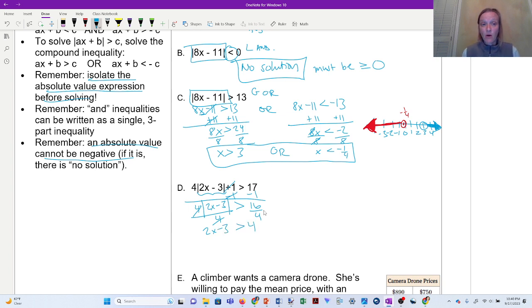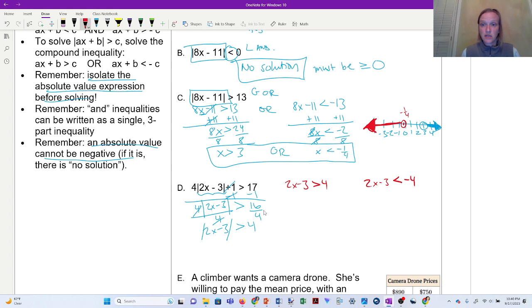I now have my absolute value expression isolated on one side of the equation, and now I'm ready to set up the two separate statements based off of this inequality. I will write 2x minus 3 is greater than 4, and 2x minus 3 is less than negative 4.